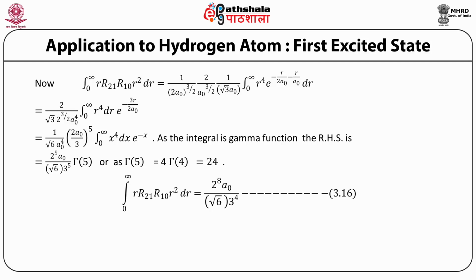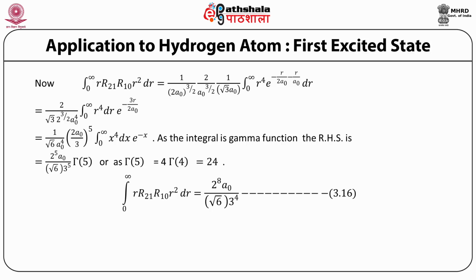So the whole thing is an integral over r to the fourth dr exponential, and it can be written also in the form 1 over root 6 a naught to the fourth into 2 a naught by 3 raised to the power 5, integral from 0 to infinity of x to the fourth dx exponential minus x. As the integral is a gamma function, the right hand side is gamma of 5 into 2 raised to the power 5 a naught divided by root 6 times 3 raised to the power 5 in the denominator.